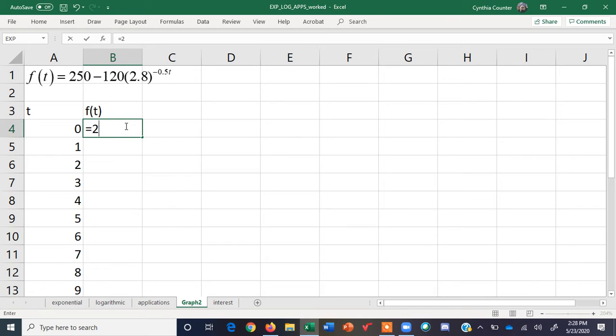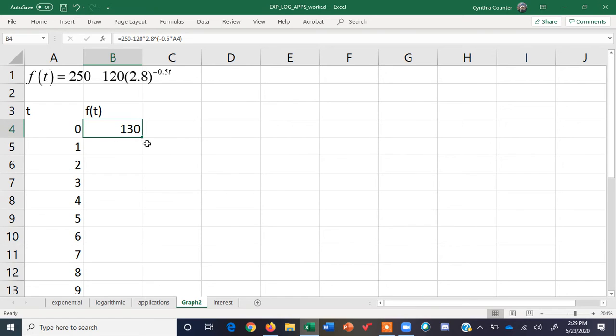So equals 250 minus 120 times 2.8 to the power of open parenthesis, negative 0.5 times, and this value of t is going to change, so I'm just going to click on that first value of t, which is in cell A4, close the parenthesis, and hit enter. Now, this, notice, is actually the y-intercept on the graph. This is where it starts.